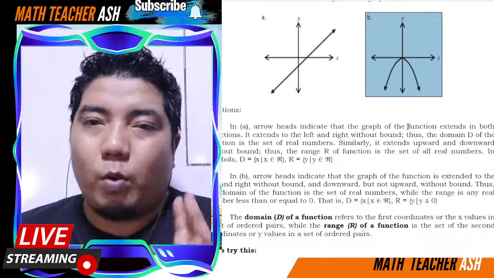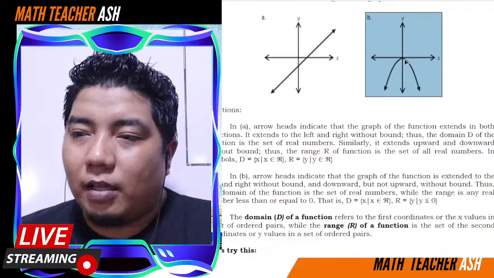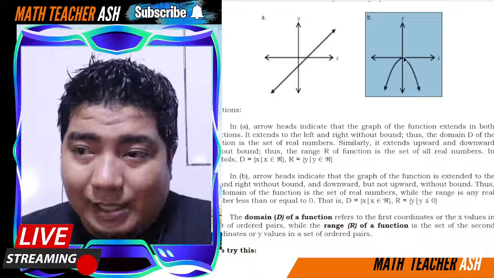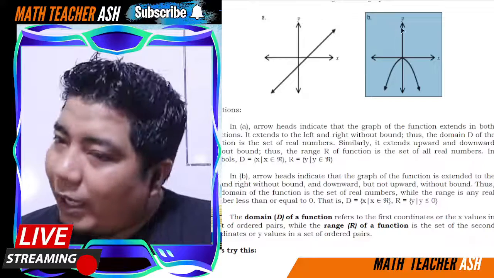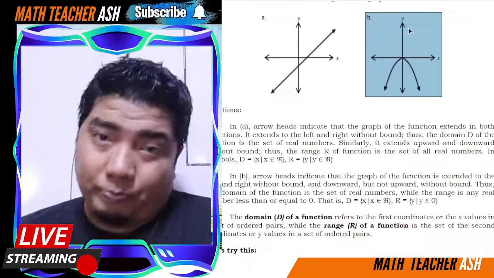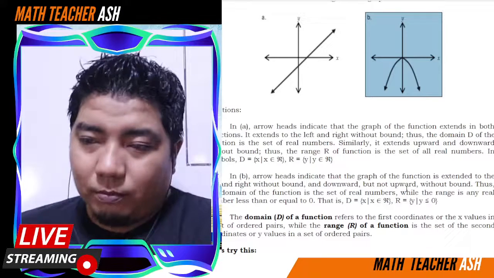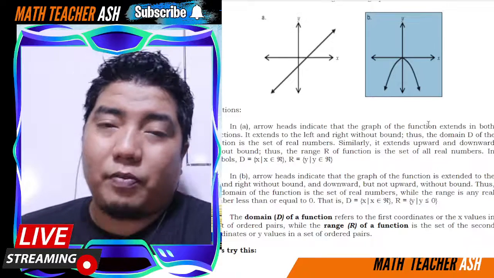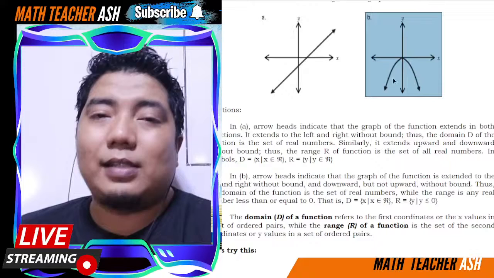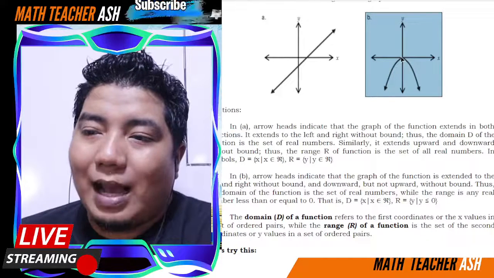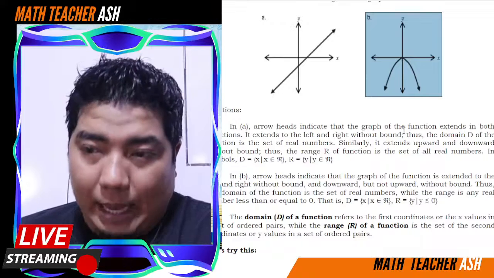However, pagdating kay y, ang kukunin niya lang is yung negative y, kasi kahit mag-extend ito dito, hindi niya na matatamaan ito. Therefore, we can say that for letter B, the domain of the given graph is the set of real numbers, pero yung range ay mula kay 0 lamang pababa.